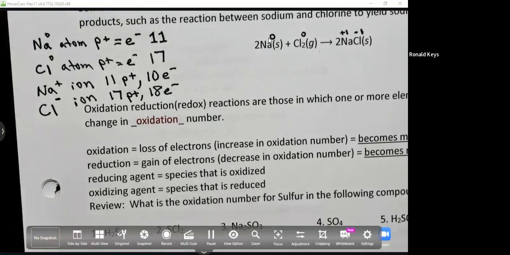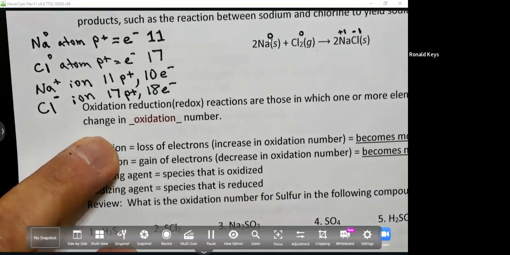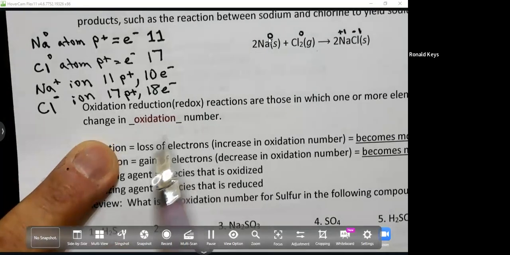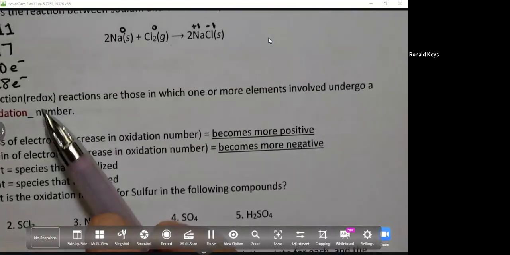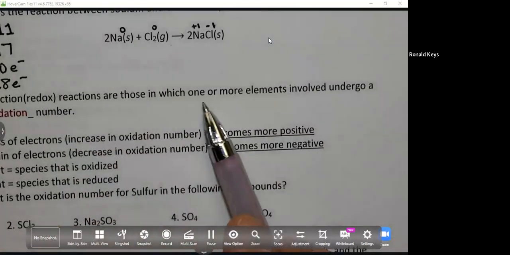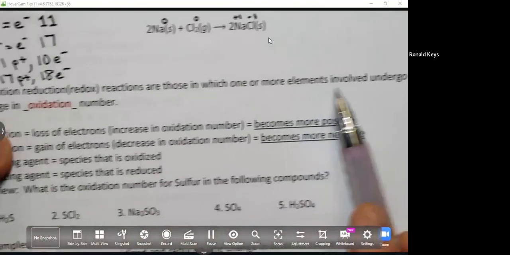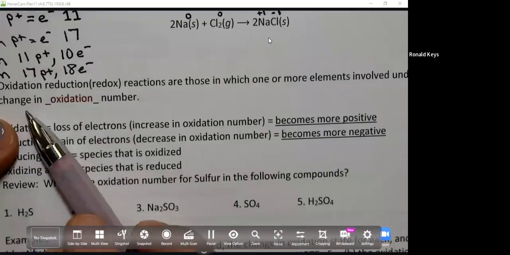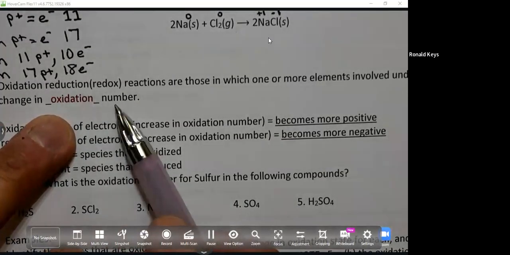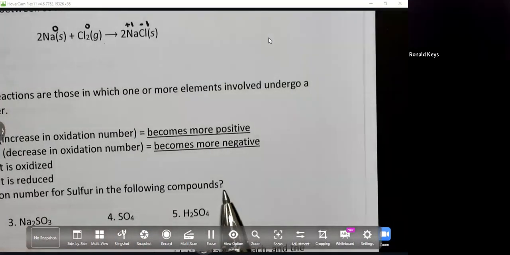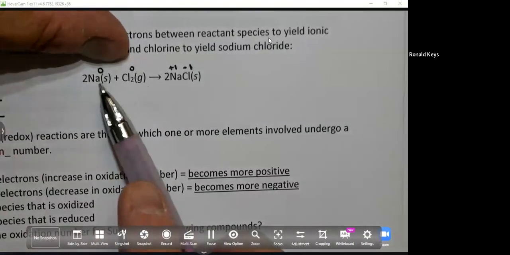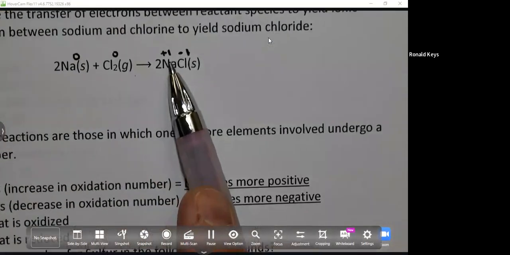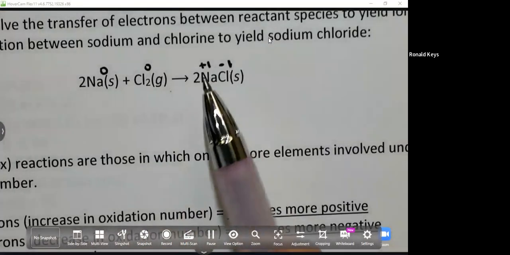So oxidation reduction is just this. Oxidation reduction or redox reactions are those in which one or more elements involved undergo a change in oxidation number or charge. So here, sodium undergoes a change and chloride does too.